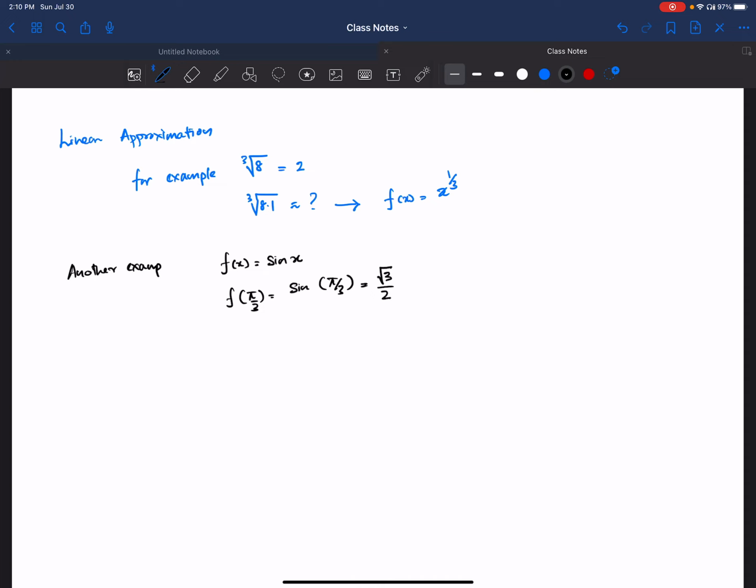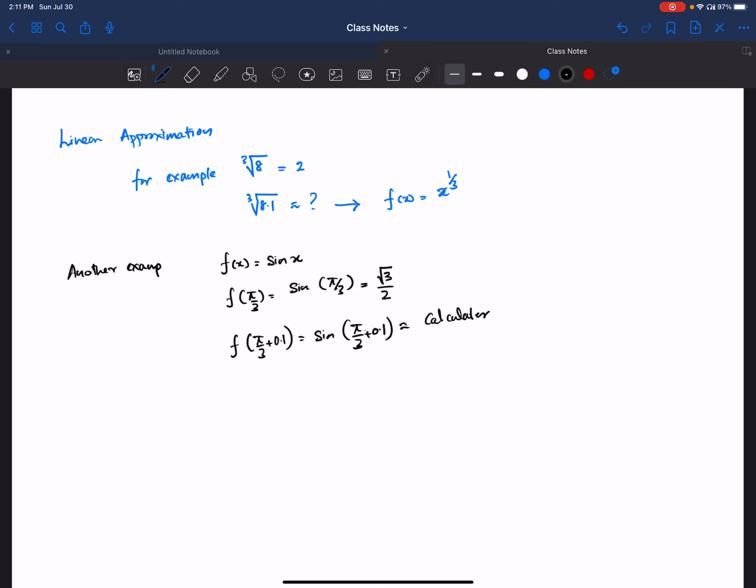Now, by knowing that value, we should be able to find sine of pi over 3 plus 0.1, which cannot be easily found without using a calculator.